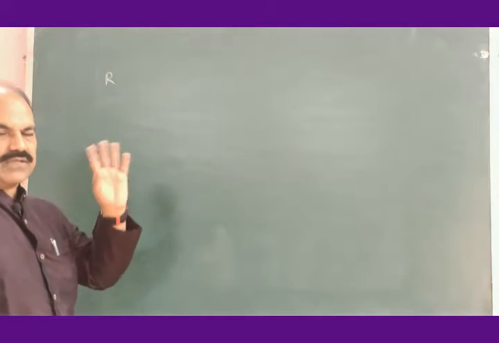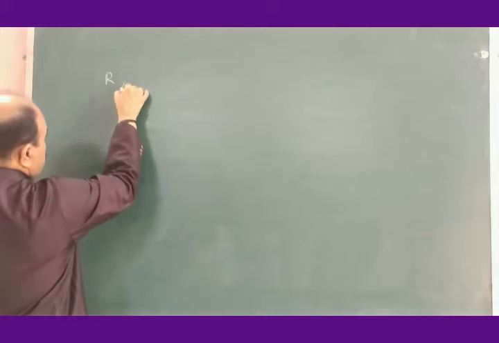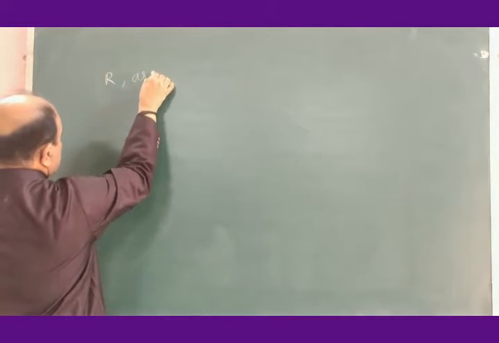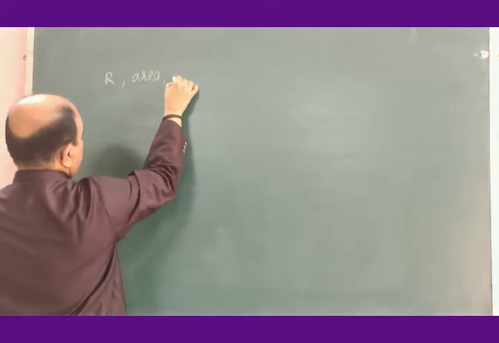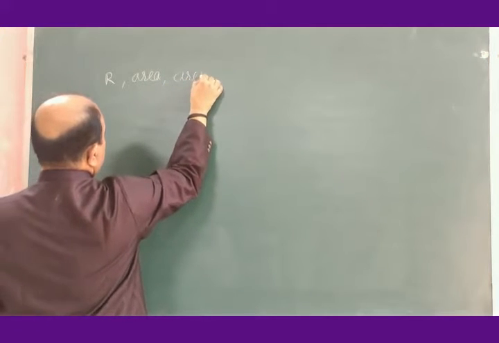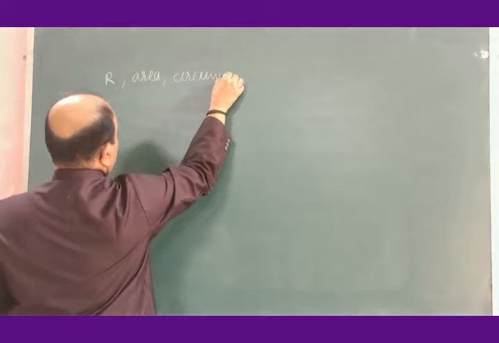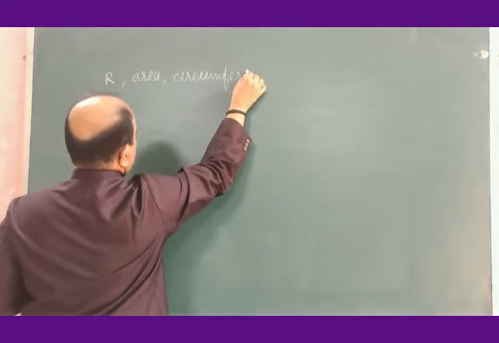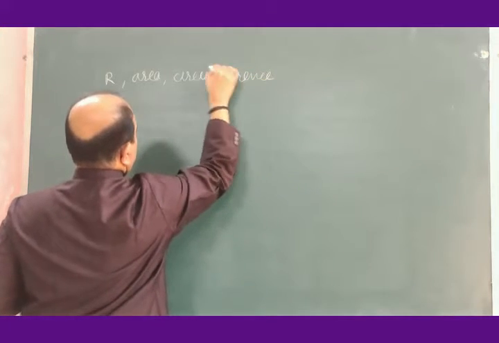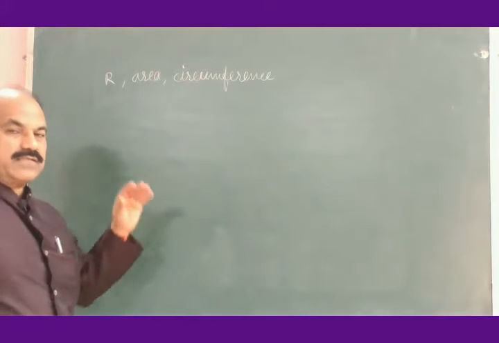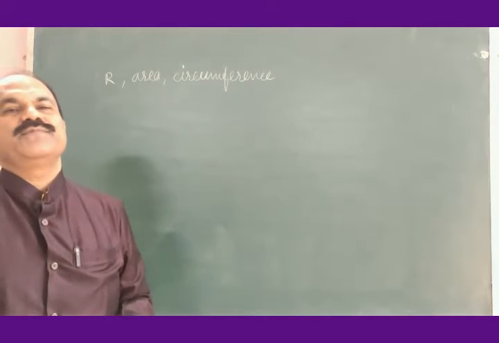Radius of this circle is r, and you are asked to find the area of the circle and circumference of the circle.